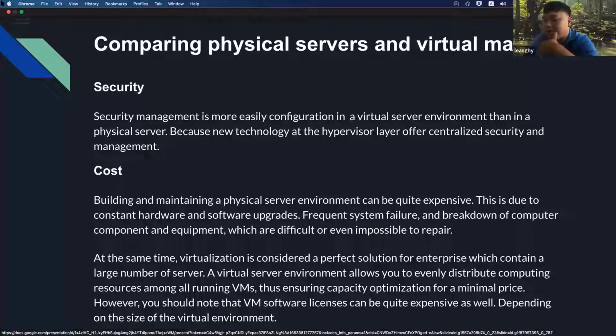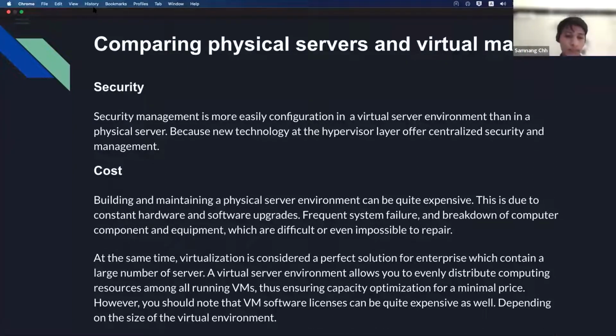Then you need to define the hardware: how much hard drive in gigabytes, how much RAM, and how much CPU. After you create the VM, you can start your VM with an ISO image. I see. Yes. Thank you.